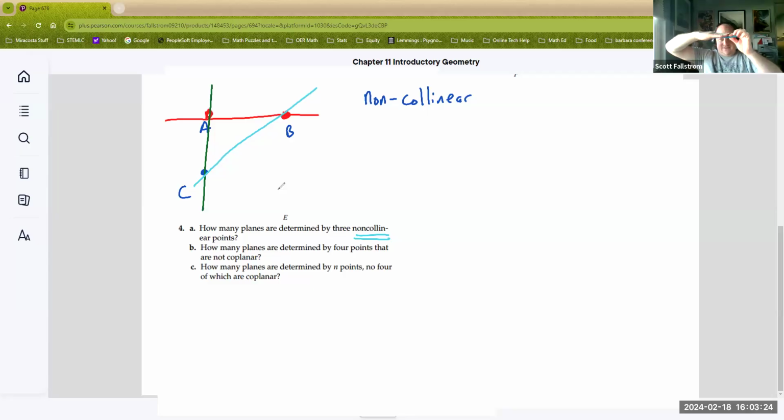Think of the line tipping and rotating until it goes through that point. Boom, that's one plane. So how many planes are determined by 3 non-collinear points? Exactly one. This is analogous, which means it's just like 2 points. Between any 2 points, how many lines are there? One. Between any 3 non-collinear points, there's exactly one plane.